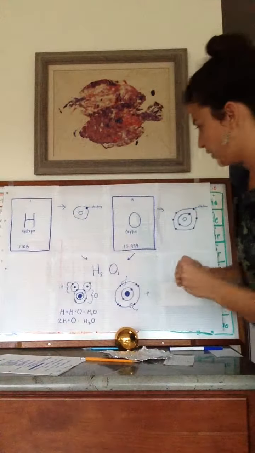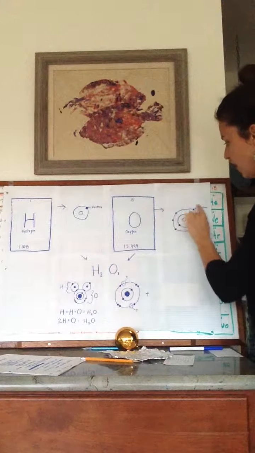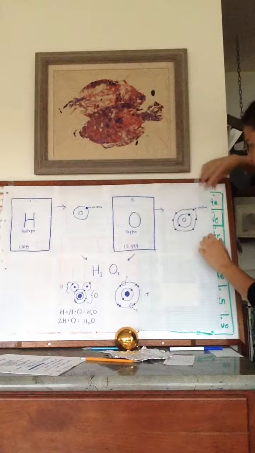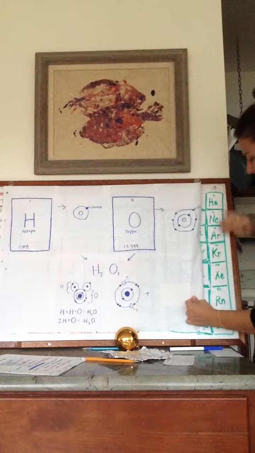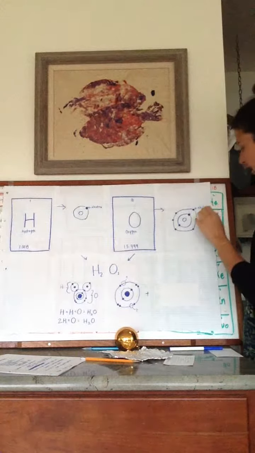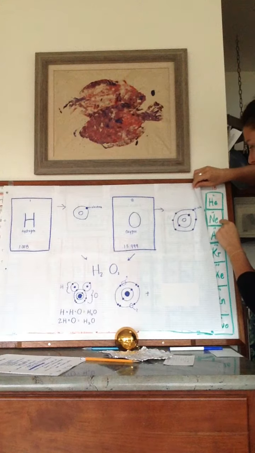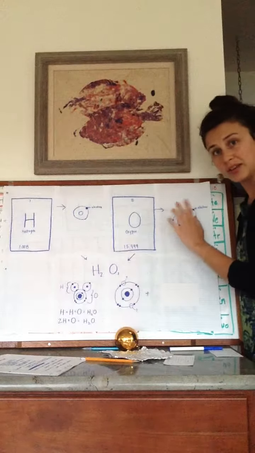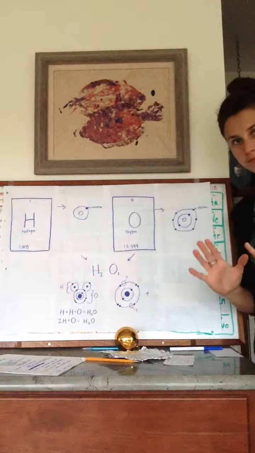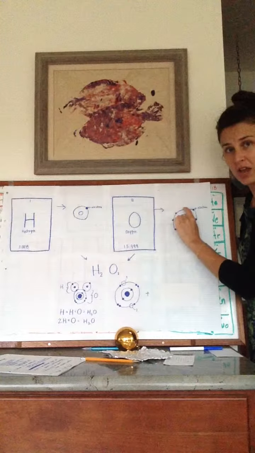Okay, so real quick, you've got this shell. So these guys have this completely full, and being the second one right here, which is neon, there will be 10, okay, which is cool. So 2 on the inside, 8 on the outside.